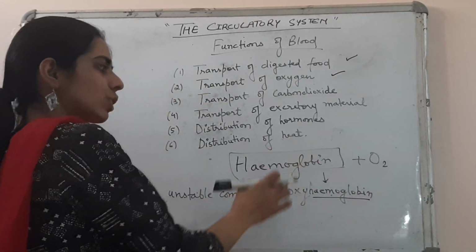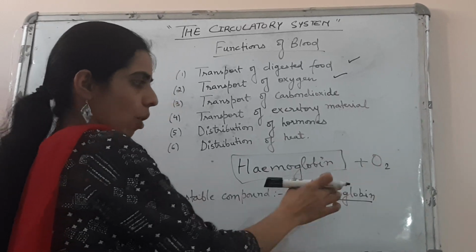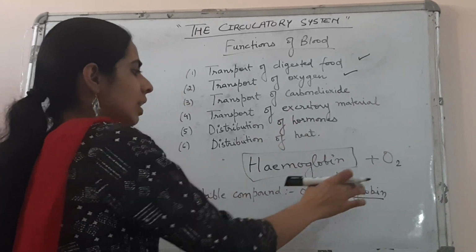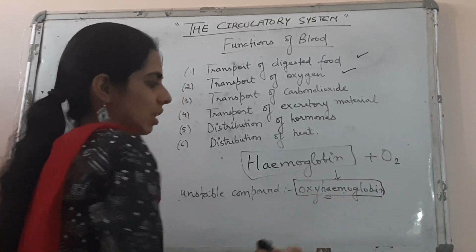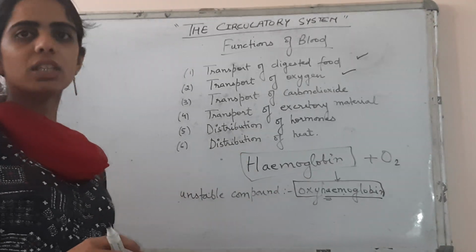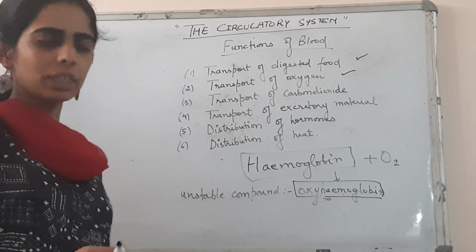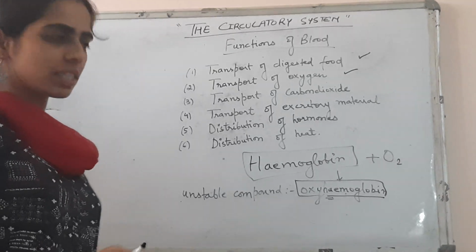Okay, so first this hemoglobin will get combined with oxygen to form oxyhemoglobin. Then this hemoglobin which is having oxygen in it will transport the oxygen to different tissues or cells of the body, making sure that oxygen reaches each and every cell.